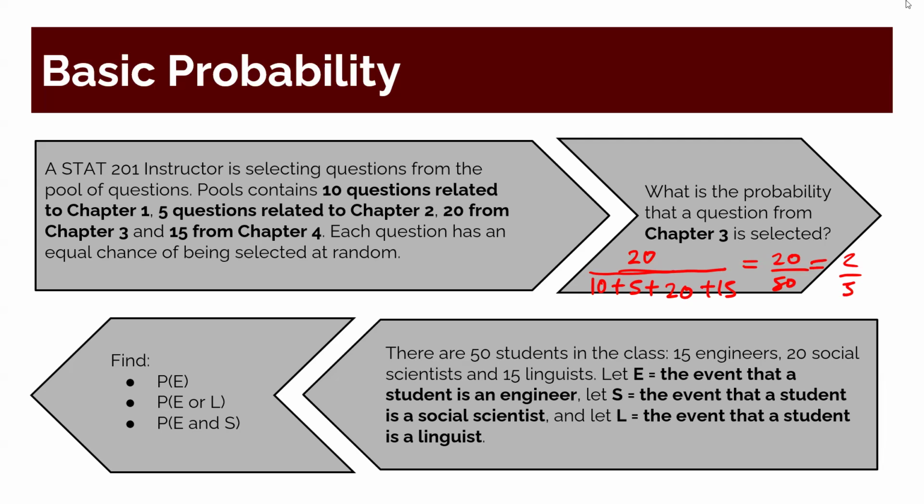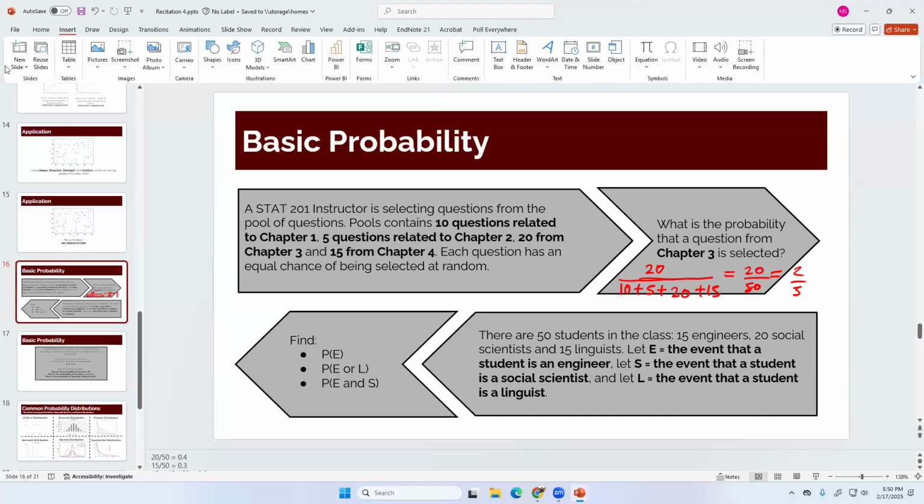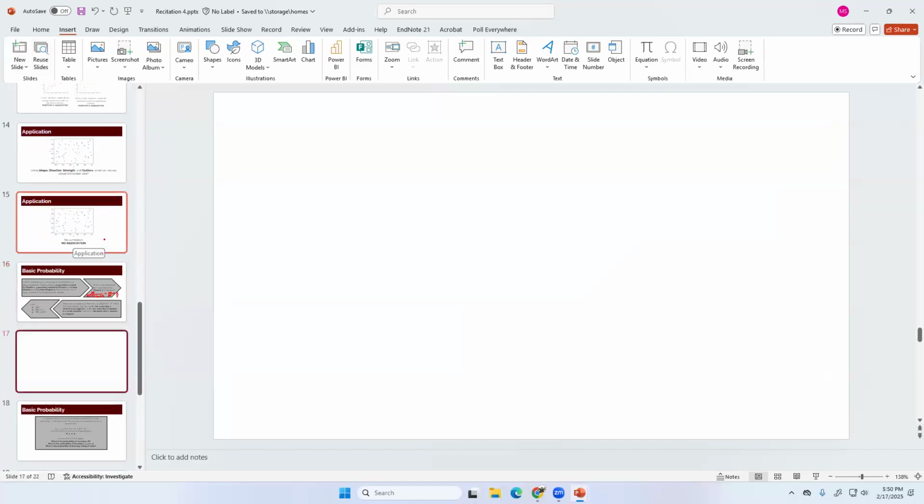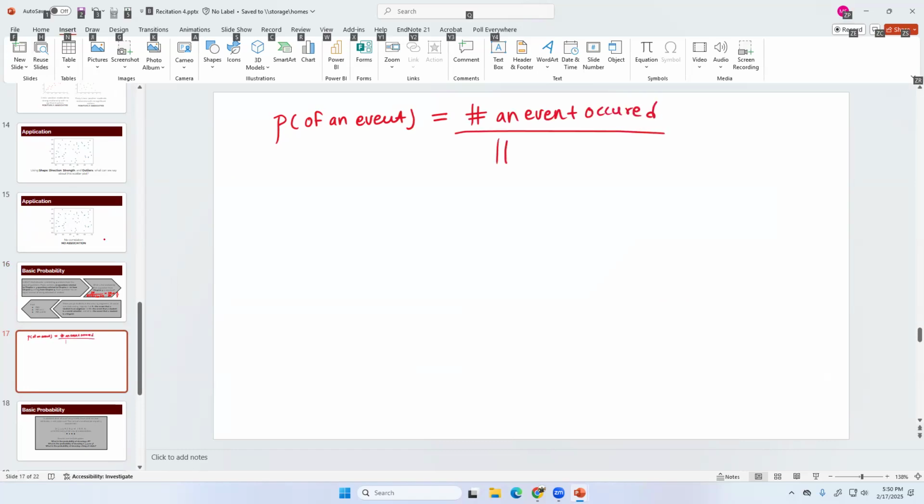So why did we do this? This is a general formula for calculating probability.